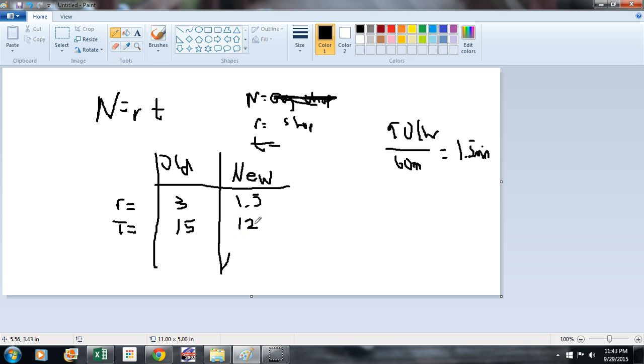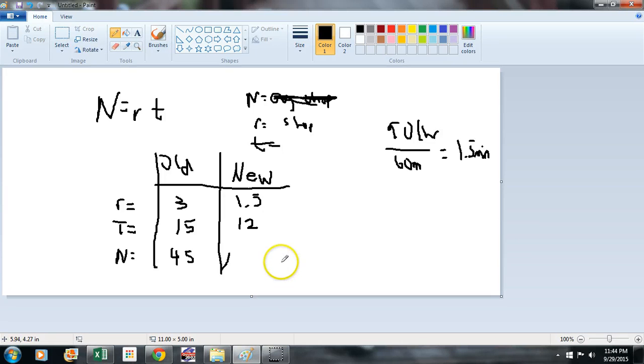Now our N. If we do this math, we have our formula, N equals R times T. So 3 times 15 tells us that 45 shoppers are in the store at any time, is what they can expect.